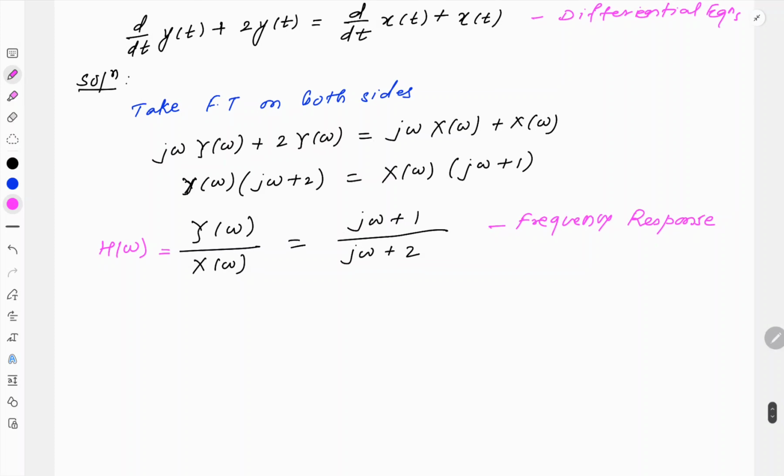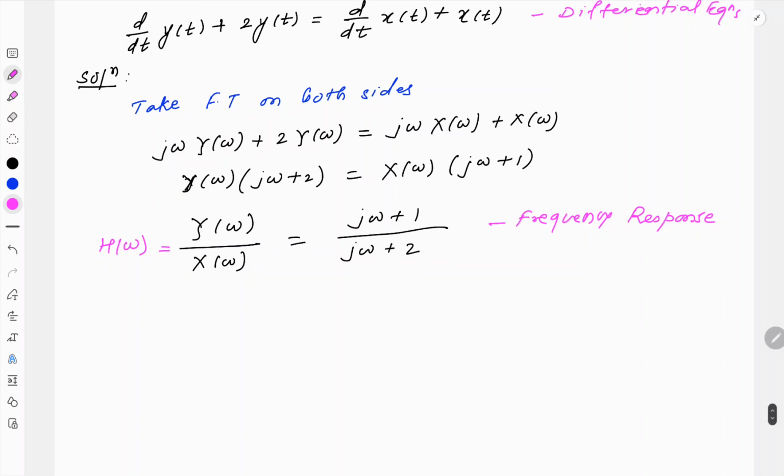Now we need to find the impulse response, so we need to take its inverse. Here we have two polynomials, so we can make an arrangement such that the denominator has j omega plus 2. So H(omega) will be equal to, in the denominator, j omega plus 2.